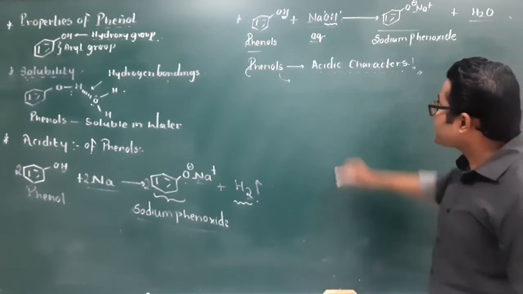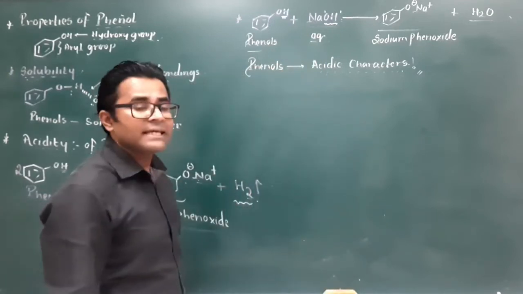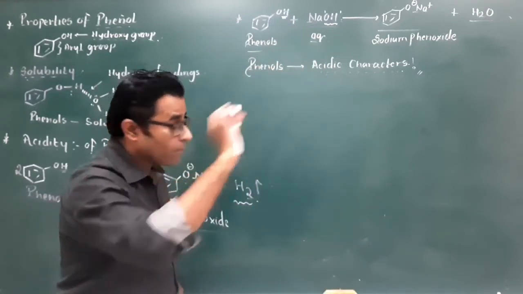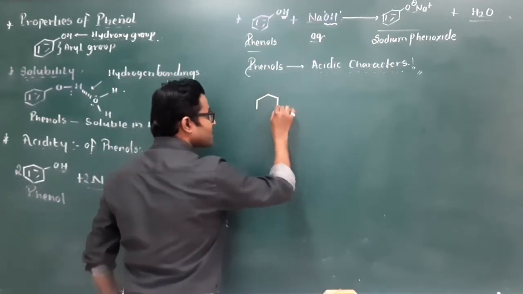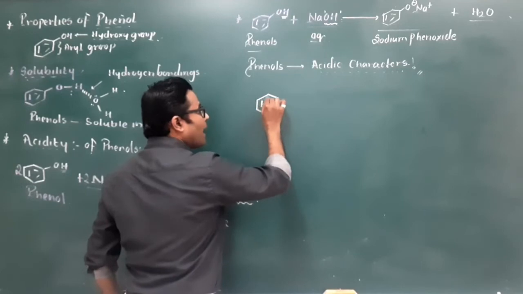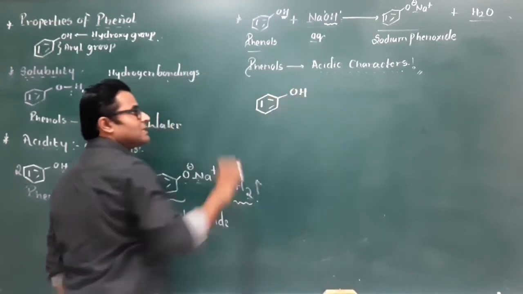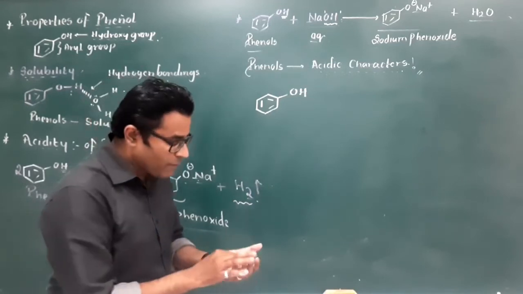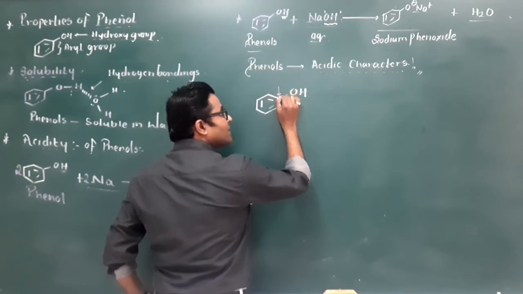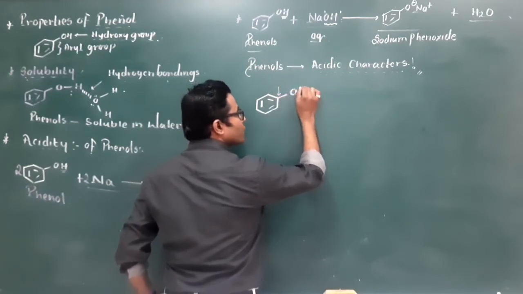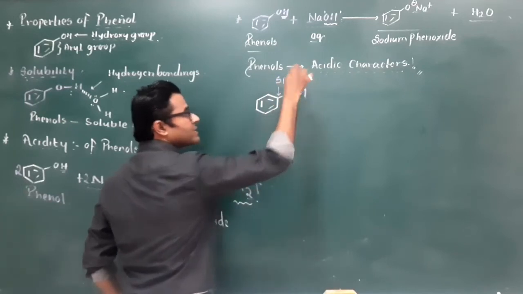Okay, now speaking about the acidic characters, let's see why these particular things have acidic characters. The answer for the acidic character lies in how the OH is connected to the aromatic system. When we observe the carbon connected to the OH group, this particular carbon is sp2 hybridized.